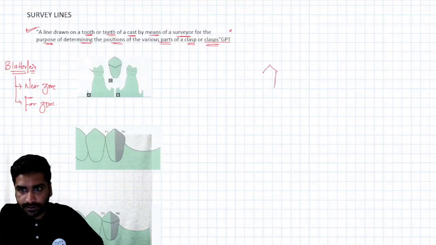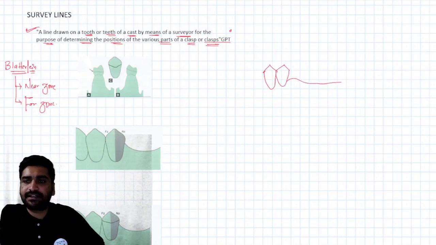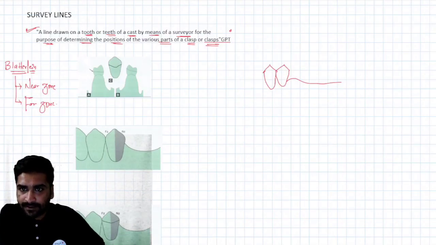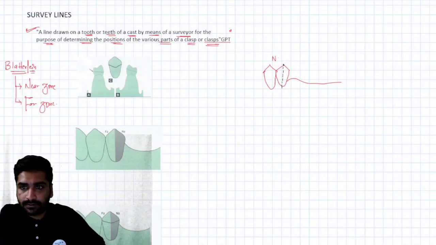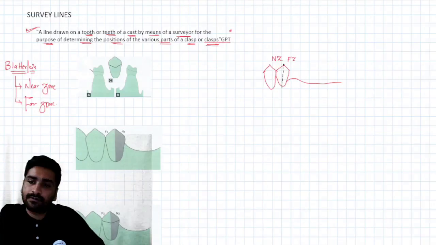Suppose I am drawing a clinical scenario, distal extension, where the posterior teeth are missing. If I divide this tooth from the center into two halves, that is near zone, and the second is far zone.